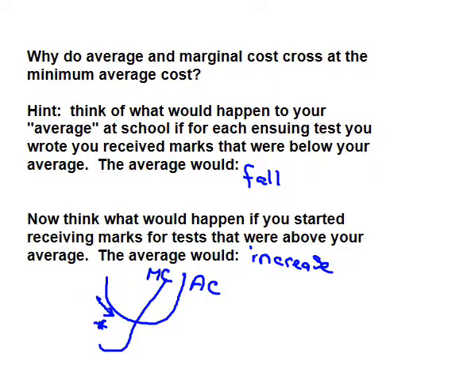But if we're dealing over here, where marginal costs are above the average cost, your average is going to increase. If, of course, you are where marginal costs equal average cost, it's going to have no effect. It won't bring down your average or bring it up. It will be in equilibrium.